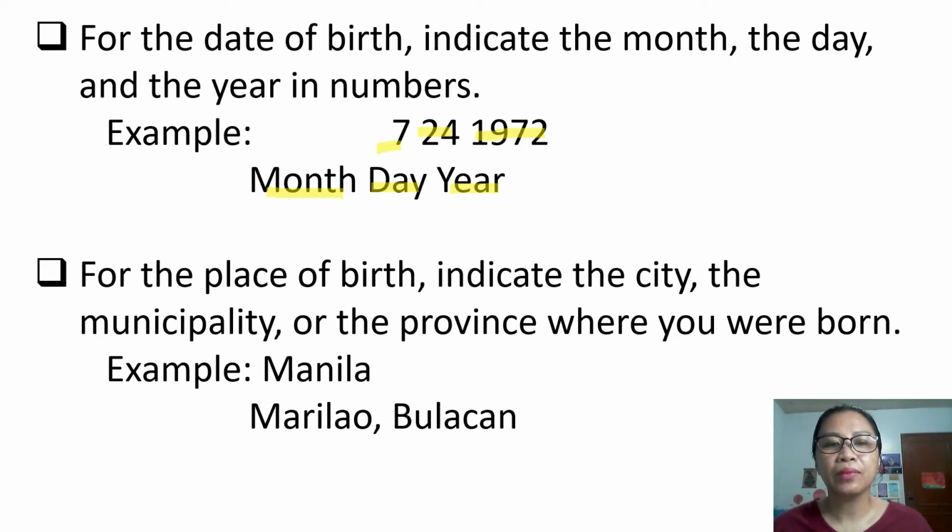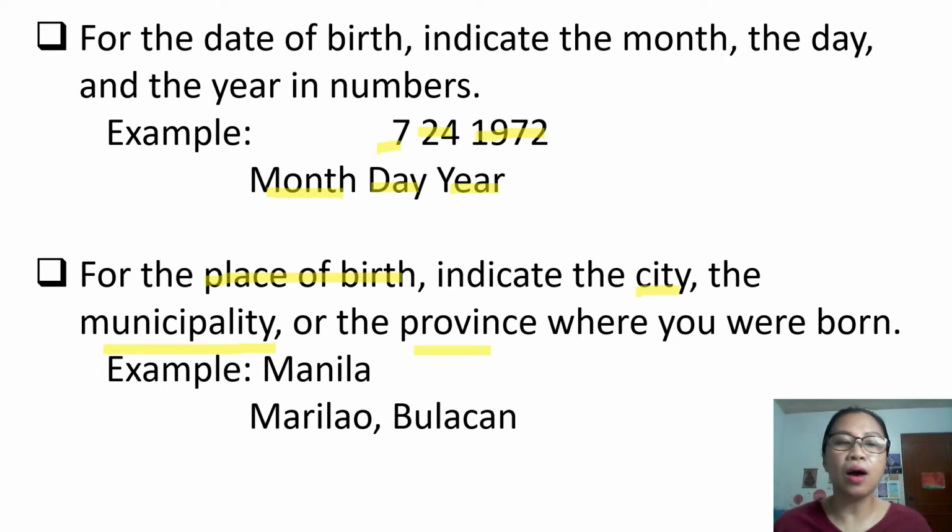Again, 7 for the month of July, 24 for the day you were born, 1972 for the year you were born. And aside from the birthday, you also have to indicate the place of birth. You have to write the city, the municipality, or the province where you were born.